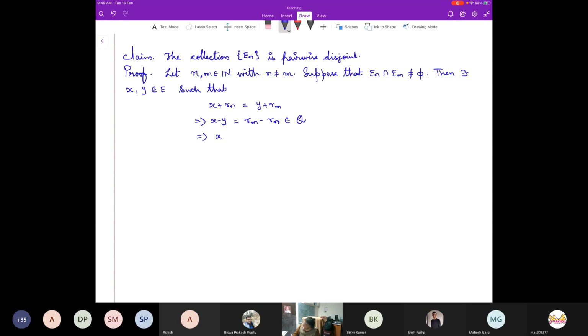That is equivalent to saying that x is related to y. Since x and y both come from E, and you can have at most one element from an equivalence class, x equals y. So Rn equals Rm, which is impossible because we assumed that n is not equal to m.